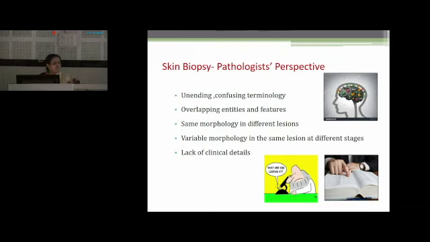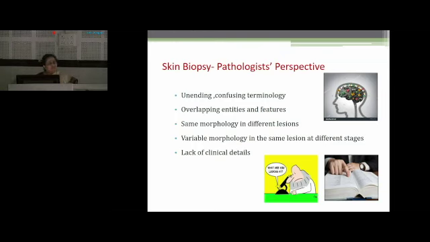You can take the example of lupus vulgaris, tubercular leprosy, granuloma annulare, sarcoidosis. All of these are granulomatous lesions and more or less similar features are seen in the dermis. But etiologically they are different and their treatment is different. So it really becomes very critical to point out the actual diagnosis.